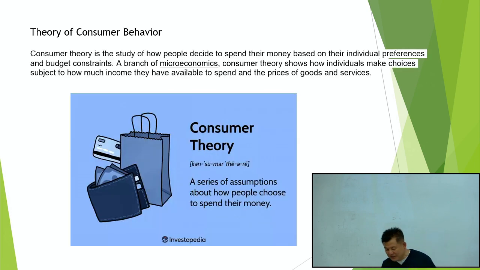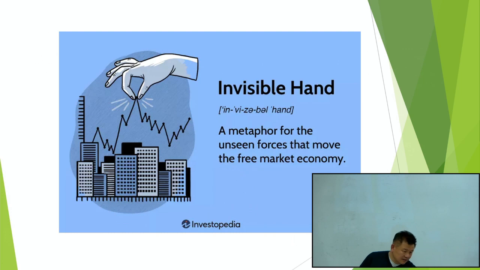So consumer behavior, consumer theory, is in the invisible hand area. The invisible hand is a starting point of economic theory. The invisible hand is a metaphor for the unseen forces that move the free market economy through individual self-interest and the freedom of production and consumption, but the best interest of society as a whole is fulfilled.